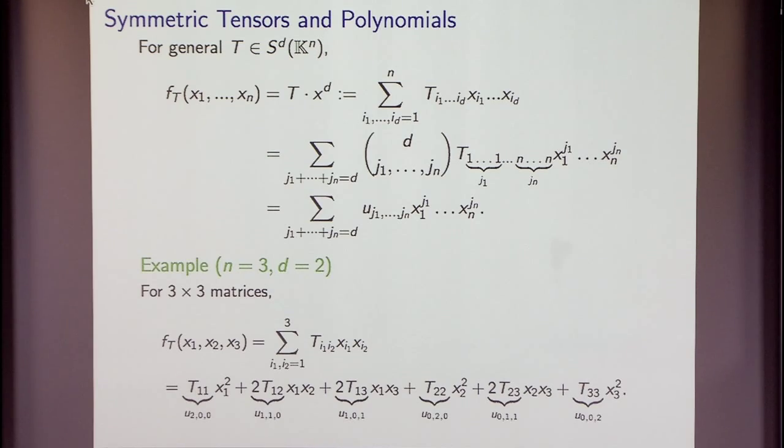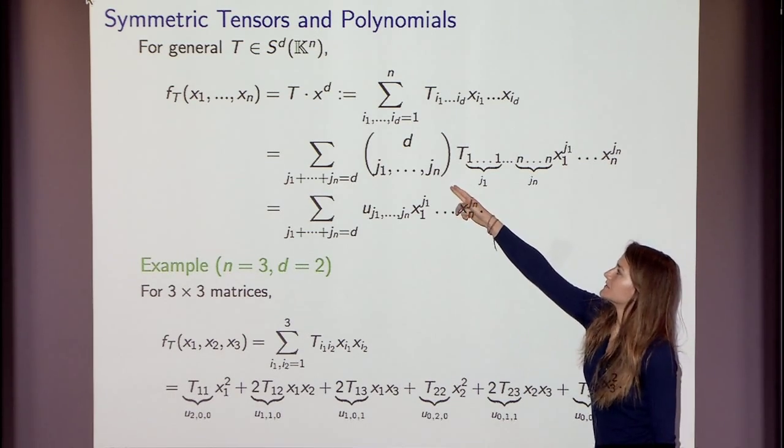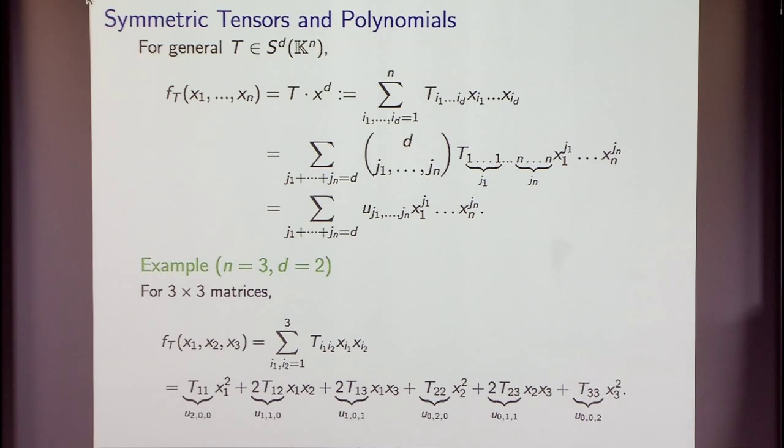Since our polynomial is homogeneous of degree d, the exponents have to sum to d. And then there are this many of them, d choose j1 through jn, a multinomial coefficient, and then the entry from the tensor. Since it's symmetric, we can just look at one of them. Knowing this polynomial tells us exactly what the tensor is.